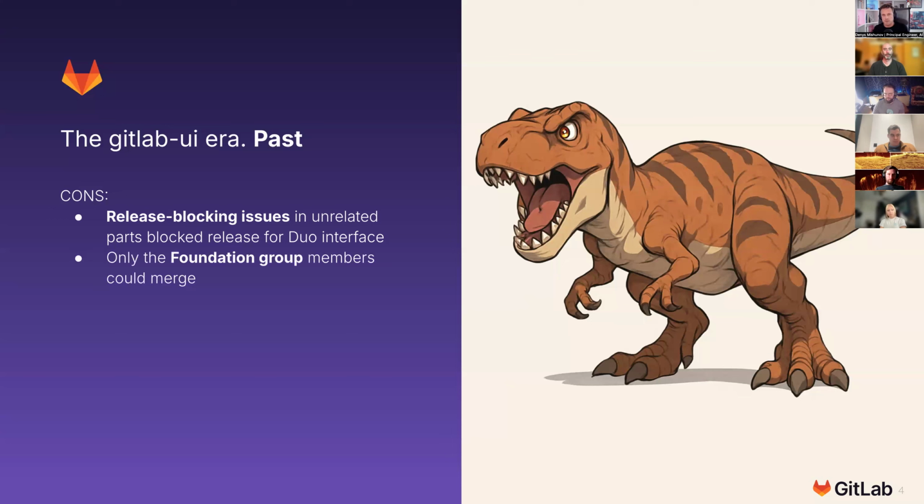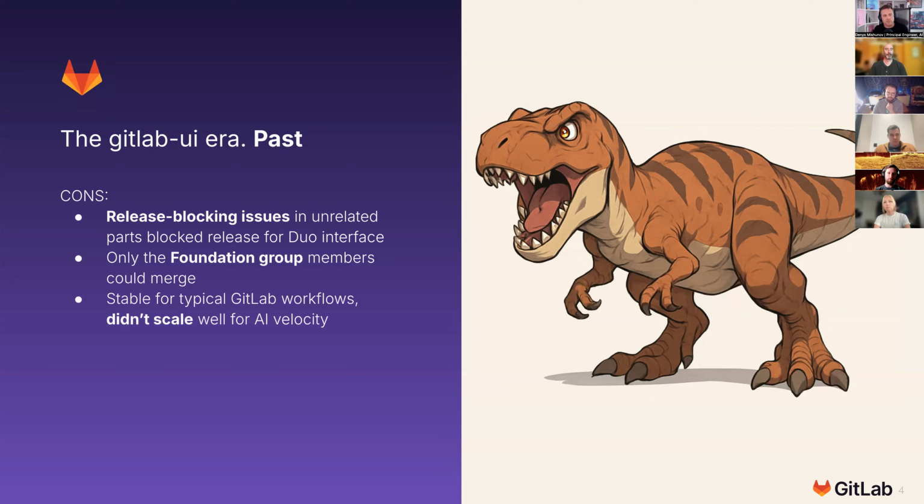And again, the fact that really affected the speed of delivery through the GitLab UI was that only foundation group members could merge. This means that we had to always ping foundation group members in order to merge things. So that's the past. Oh, one more point, right?